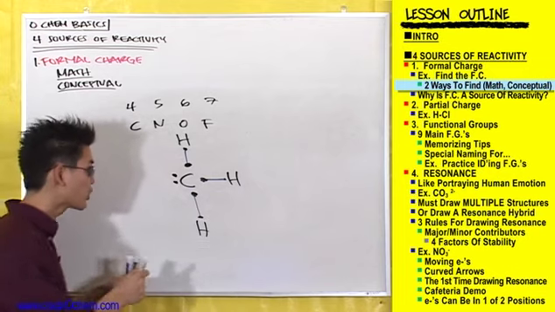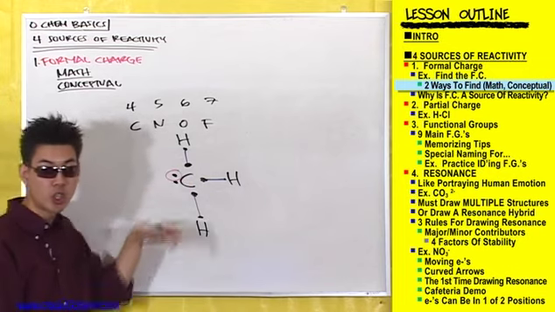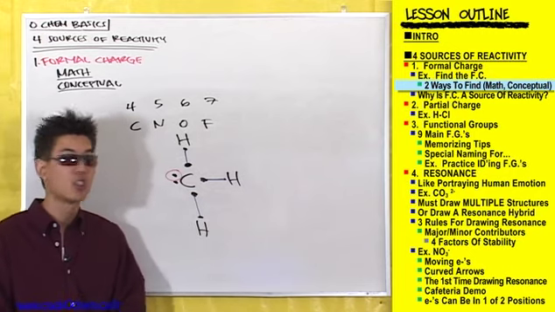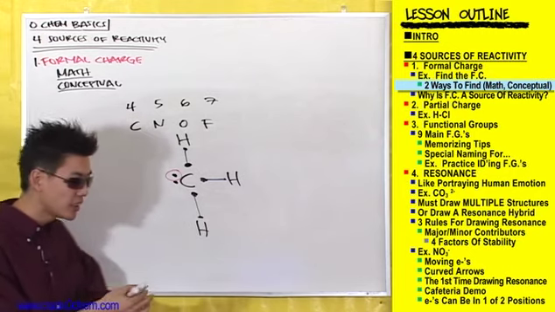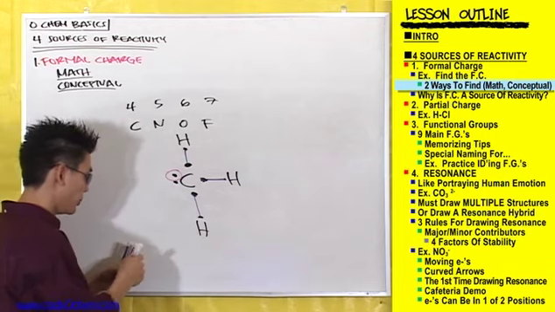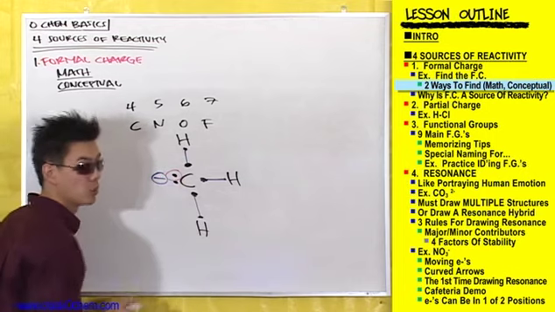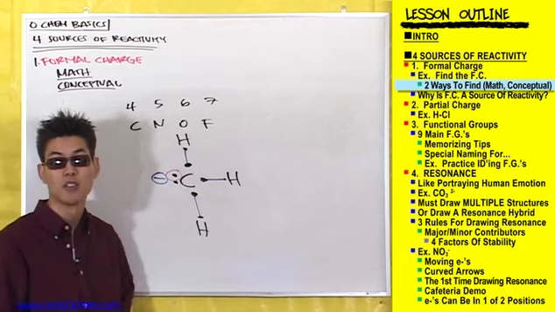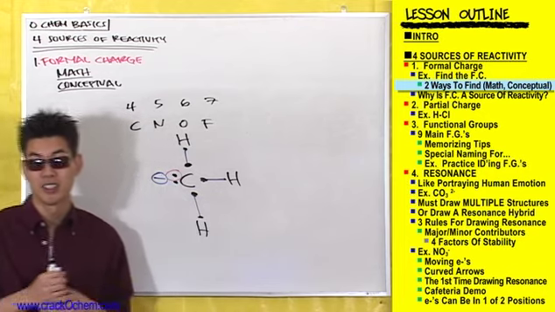You add an extra one, you add an extra negative charge to that carbon, guess what? You're going to be adding a negative charge to that carbon. So now the formal charge on this carbon will be a -1, okay, since there is one more electron than that carbon wants to have directly around it. Do you guys see that?